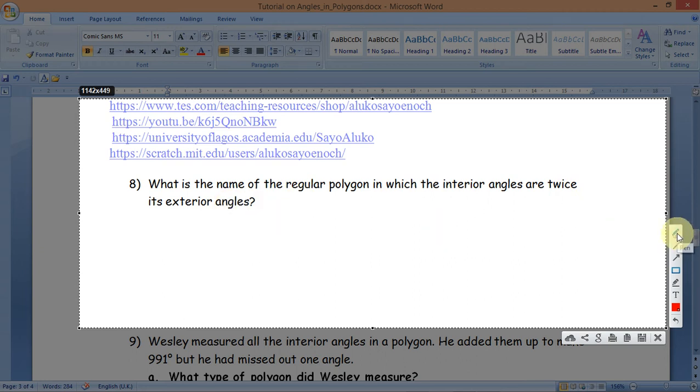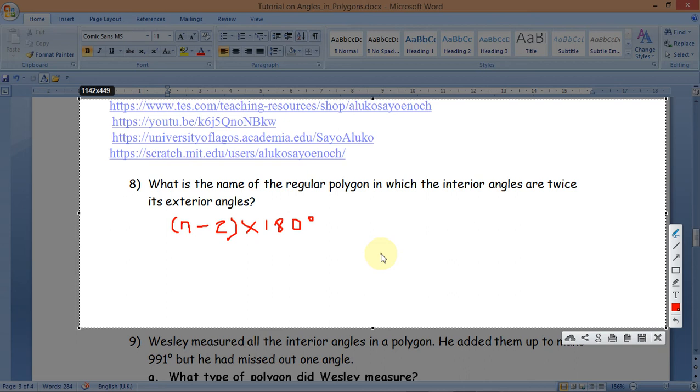So guys, don't forget, in a regular polygon, the sum of the interior angles is n minus 2 times 180. That will give you the sum.